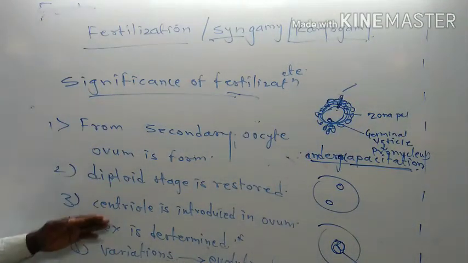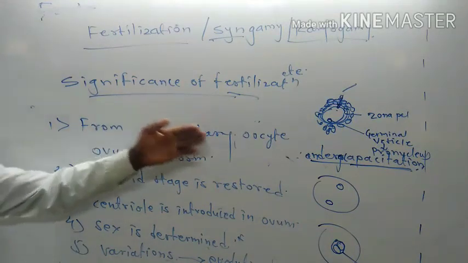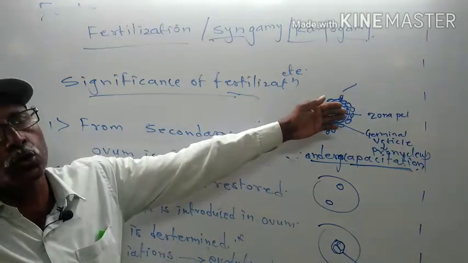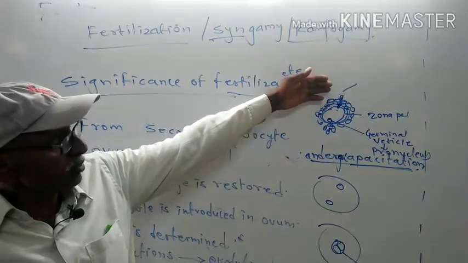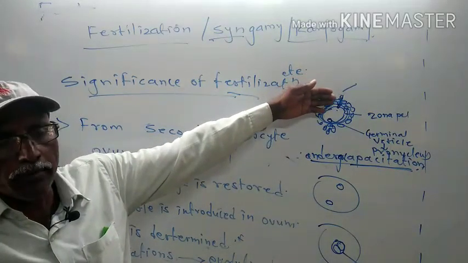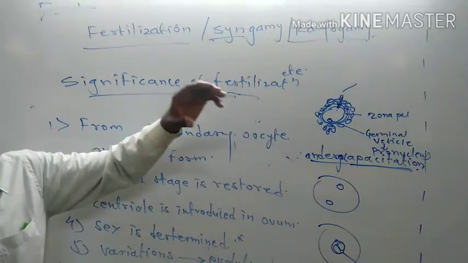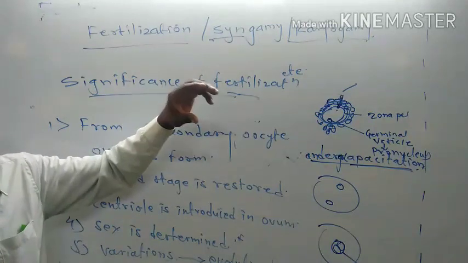So this is the significance of fertilization. If there is no fertilization, the secondary oocyte is not converted into ovum, because when the sperm enters the ovum, the secondary oocyte in which meiosis second is arrested at metaphase completes meiosis second.